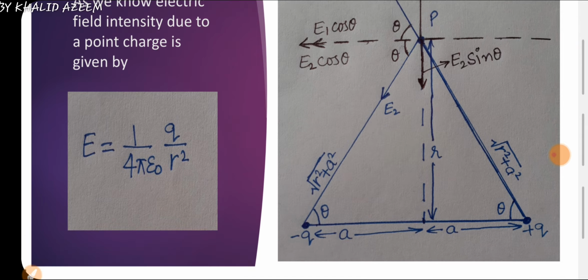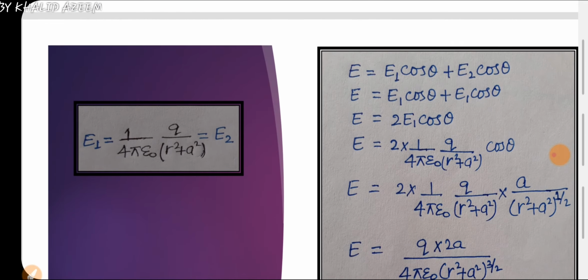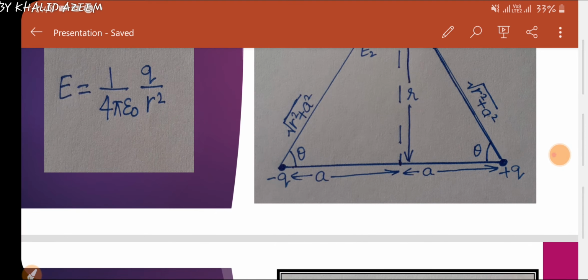Now electric field intensity due to a point charge is E equals 1 upon 4 pi epsilon naught q upon r square. So E1 will be equal to 1 upon 4 pi epsilon naught q upon distance square.